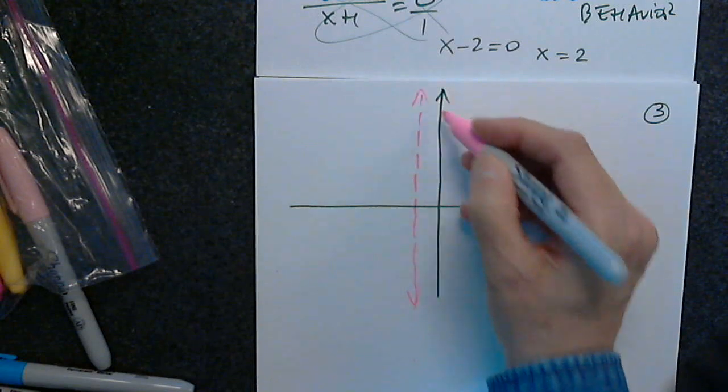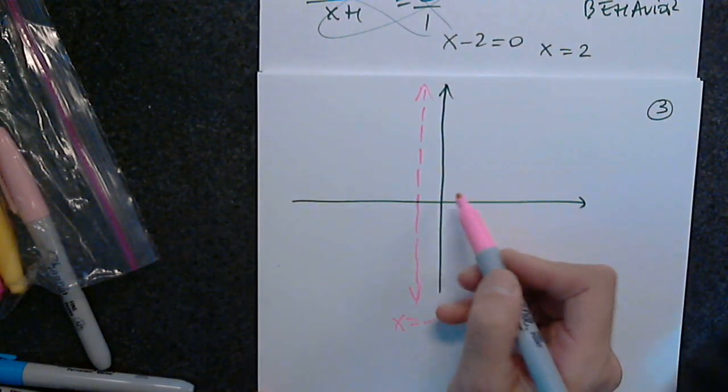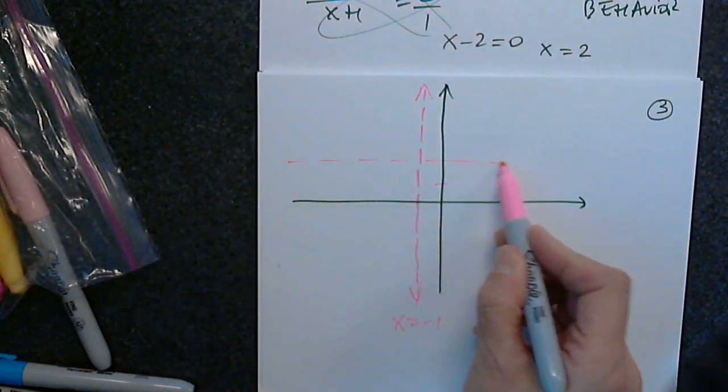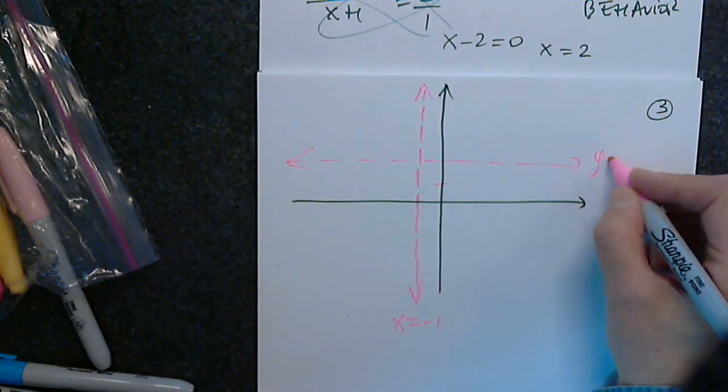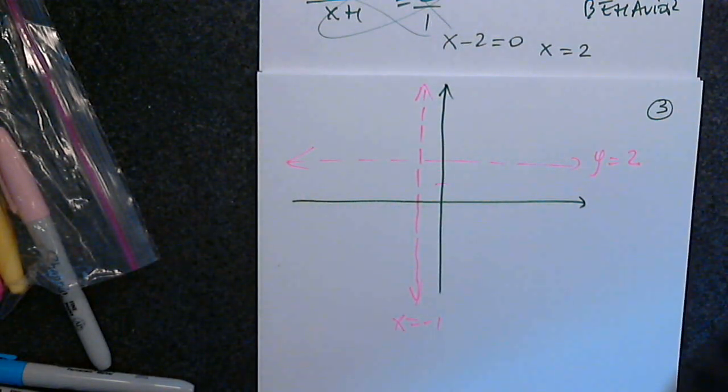X equals -1 is the vertical asymptote, and 2 is the horizontal asymptote. A function can cross a horizontal asymptote. That is possible. But it will never cross what? The vertical one. It's not possible. It will never cross the vertical one.